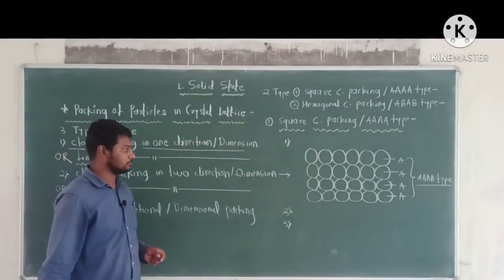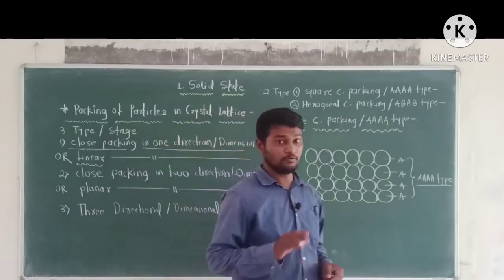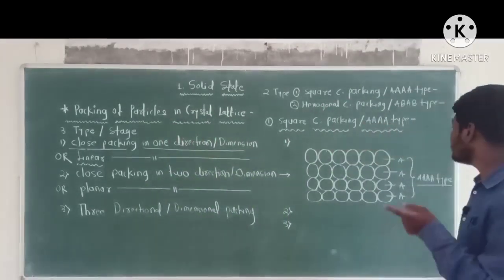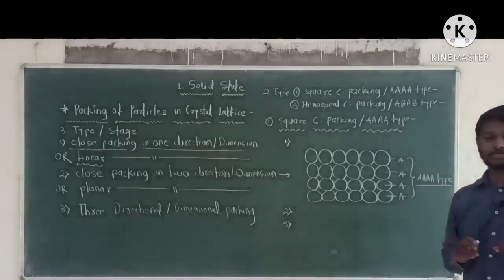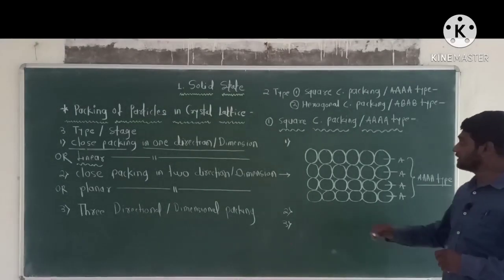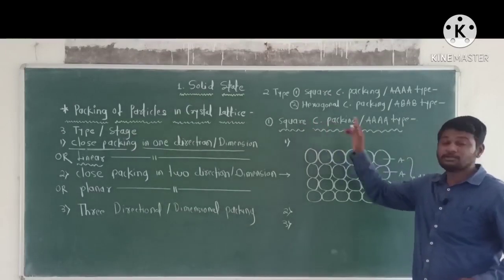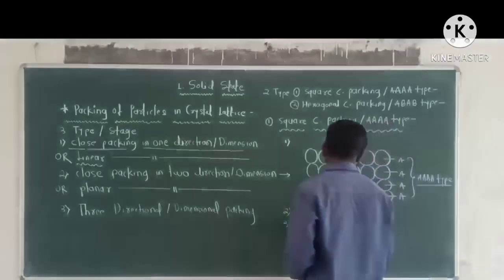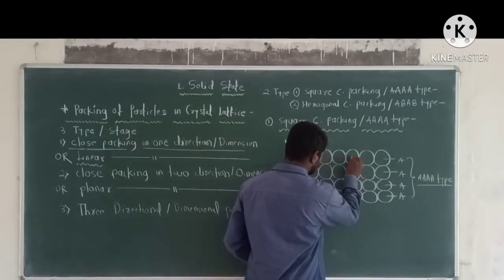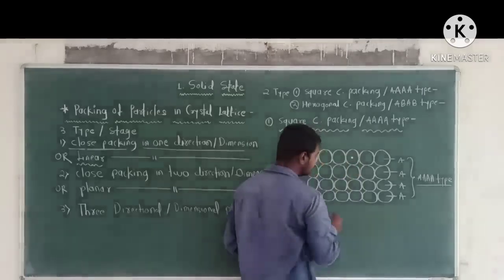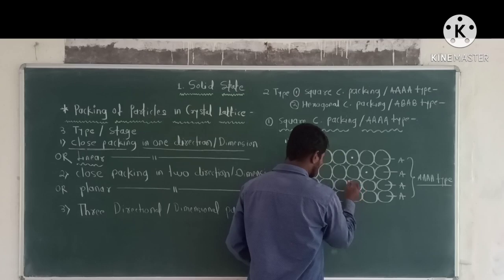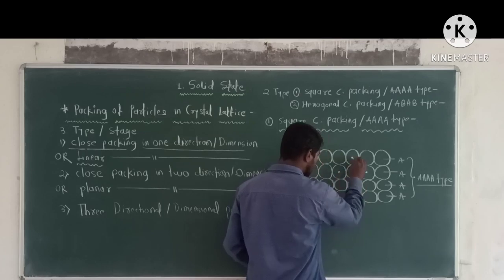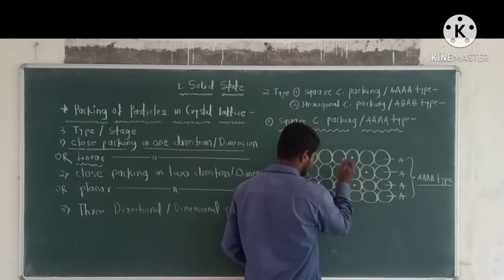Okay. Now third point, in this packing the centers of four neighboring constituent particles are joined to form a square. Therefore, such a packing is called square close packing. The center of this constituent particle, the center of this constituent particle, and the centers of these four neighboring constituent particles.